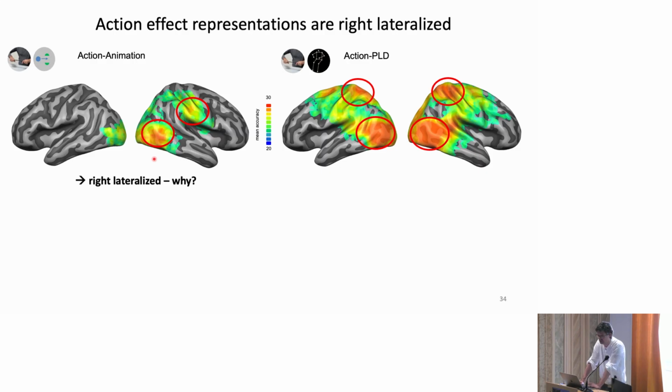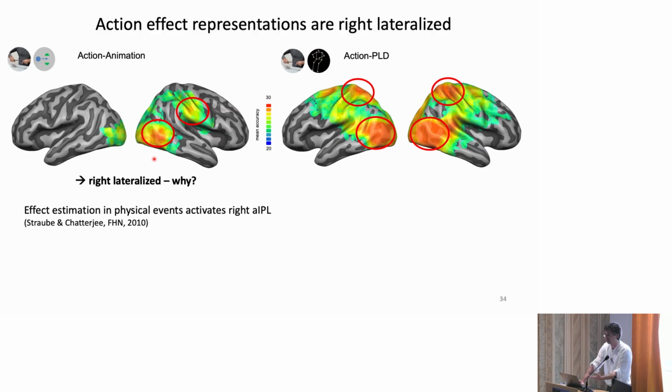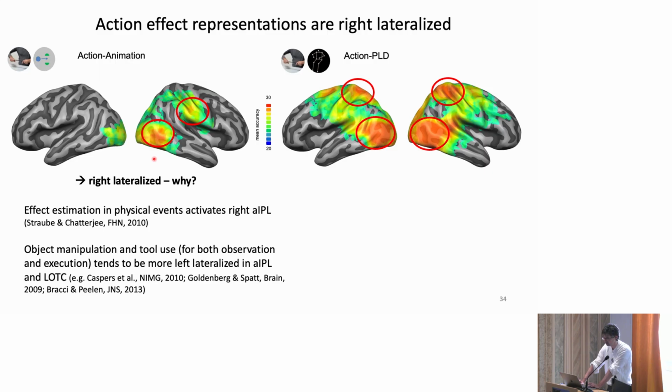That was absolutely not expected by us, but actually there is some evidence that estimating the effects for physical events, for example, of colliding balls, is indeed associated with stronger activation in the right hemisphere. And by contrast, object manipulation and tool use, or more generally how an effector interacts with and changes an object, is more left lateralized, in particular in the AIPL and in the LOTC.